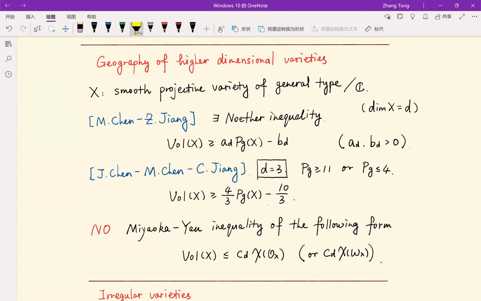So on this page, I just assume that I have a variety X. This is a smooth projective variety of general type, and I assume it's defined over complex numbers, and the dimension is D. Then a natural question is how to find some higher dimensional version of the Noether inequality or the Miyaoka-Yau inequality.